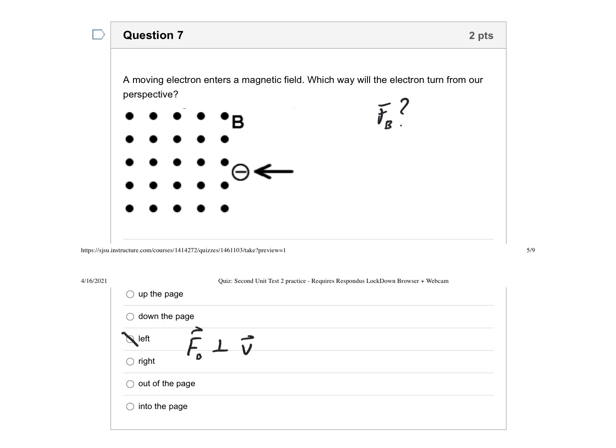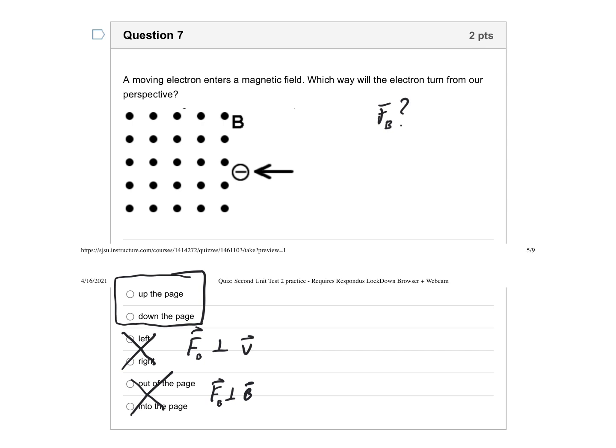As such, it cannot be left or right. Also, the magnetic force is always perpendicular to the magnetic field. So it cannot be into the page or out of the page. So it's either up the page or down the page.